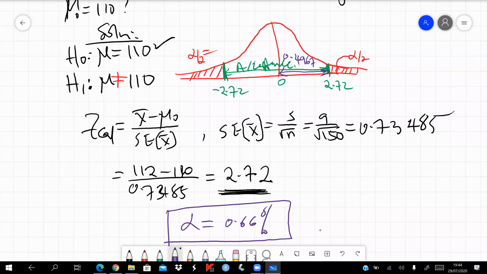Try to get unstuck. 0.33 is half alpha. Whatever you have is alpha over 2. So if you need alpha, you multiply both sides by 2.